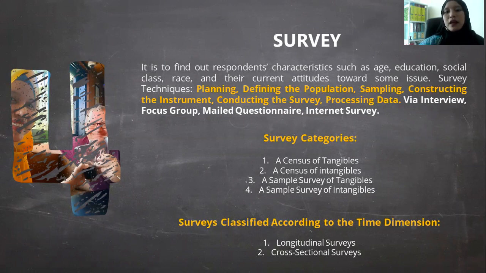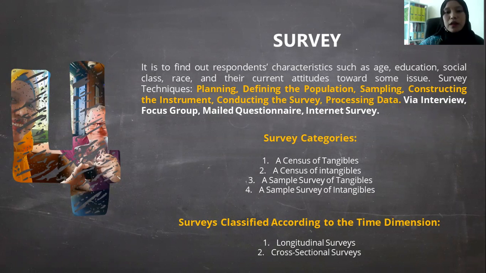And you have to do the sampling. You don't need to take the total population to do the survey, but you have to use sampling. We will talk about sampling techniques for both qualitative and quantitative later in the next subject.